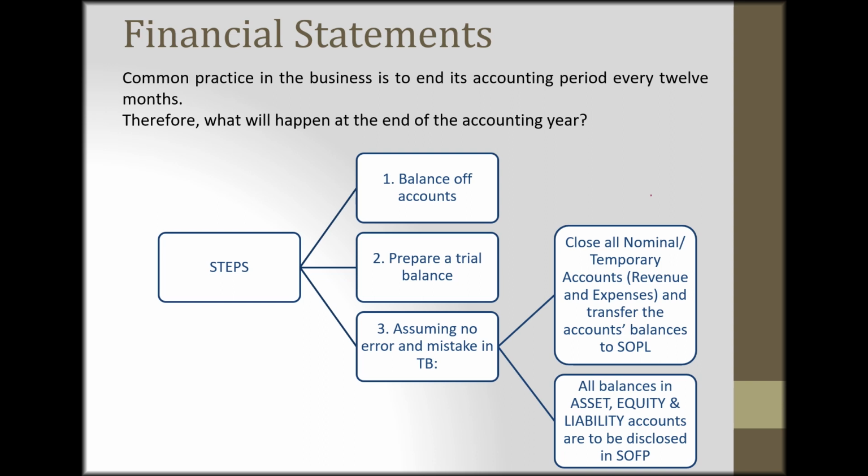Unlike temporary accounts, which we are going to close. Instead of recording the balances as balance c/d, we are going to debit or credit the account depending on the type of account, either revenue or expense, and then the amount will be transferred to the statement of profit or loss.